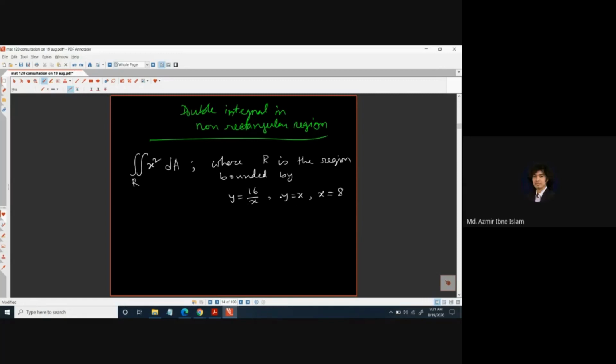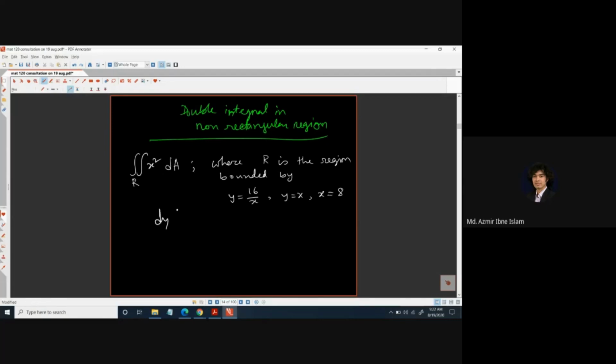If we don't have constant limits, then we can easily understand that the region R will not be a rectangle. It will be bounded by other curves, so Fubini's theorem will not be applied directly. That means we can't change the order.